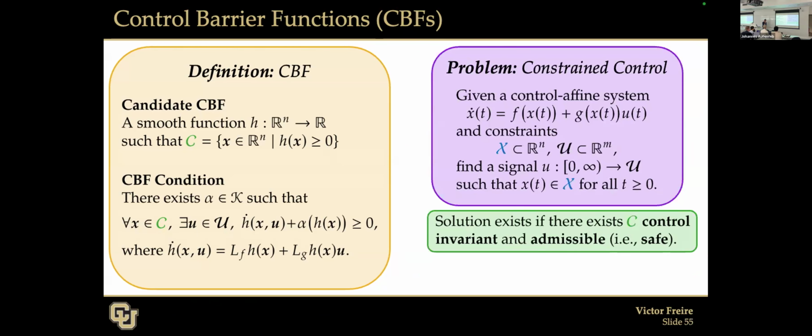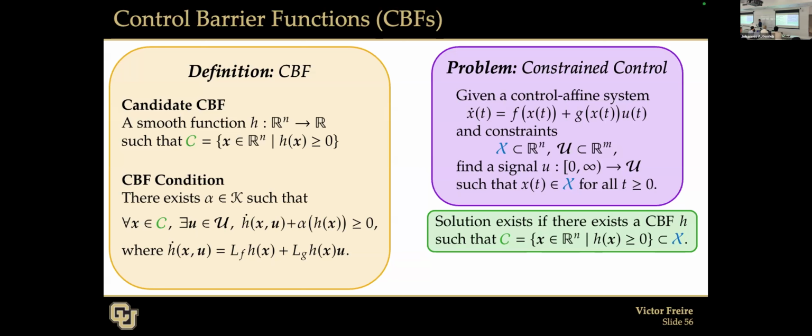So going back to the constrained control problem, a solution, I told you earlier, exists if we have a set C that is safe, meaning control invariant and admissible. And I've just told you that if we have a function, a CBF, h, the set it defines is control invariant.